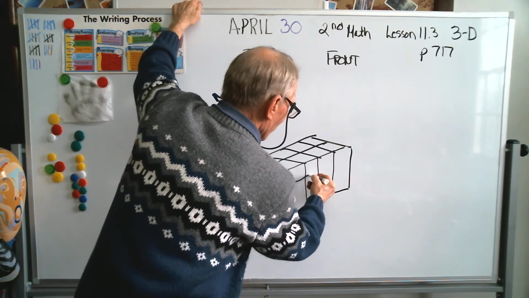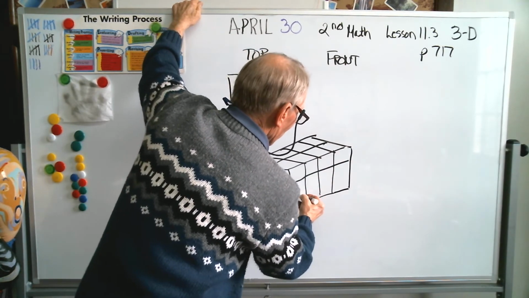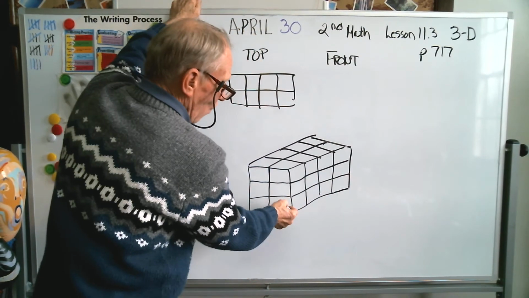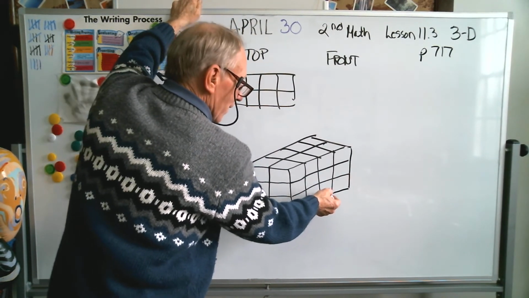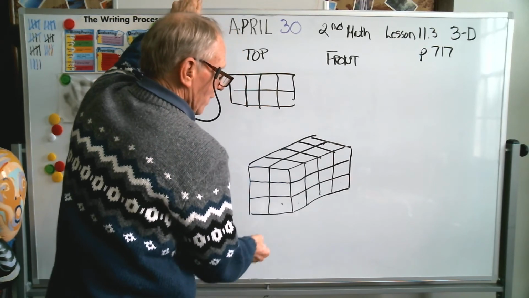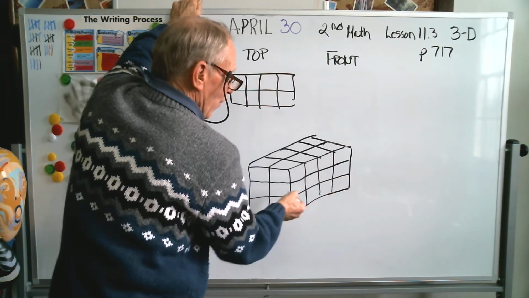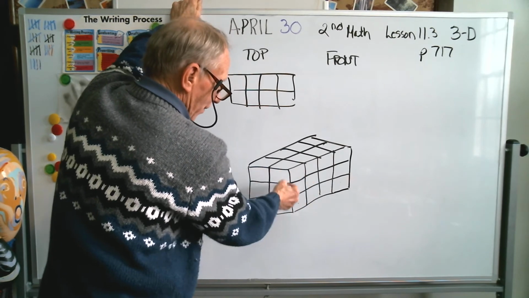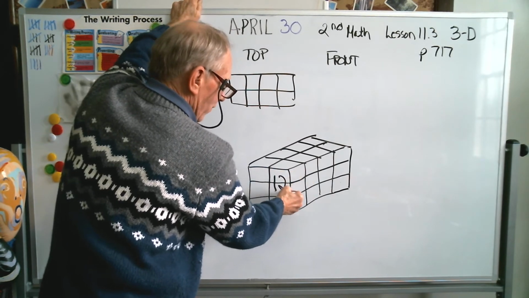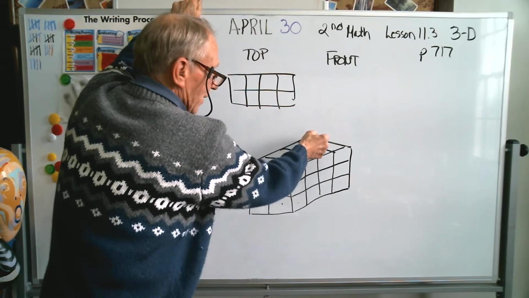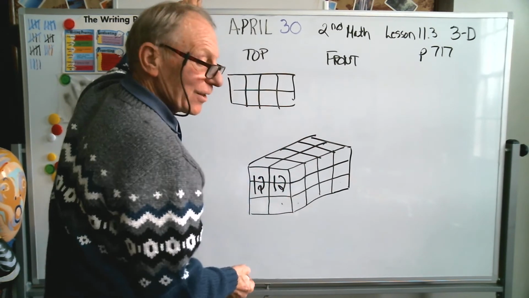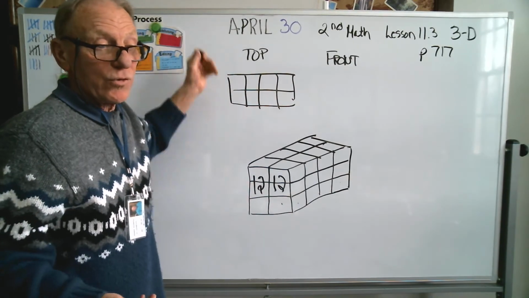Now, when we connect all our lines together, now you've got 1, 2, 3, 4, and there's another 4, and there's another 4. So 4, 8, 12. On this side, we've got 12. And then on the next row behind it, we have another 12. And that 12 plus 12 equals 24.